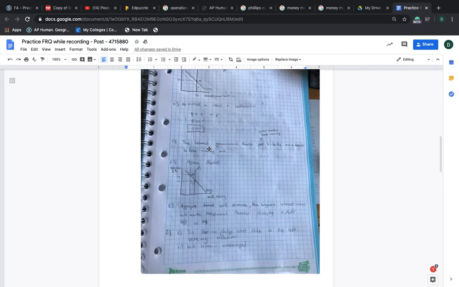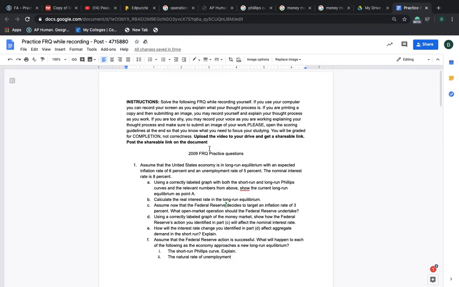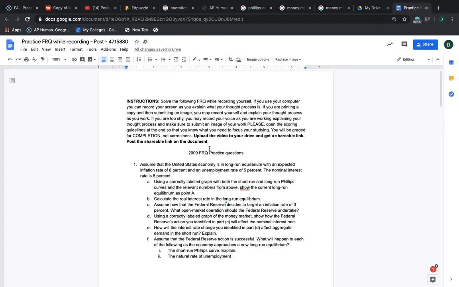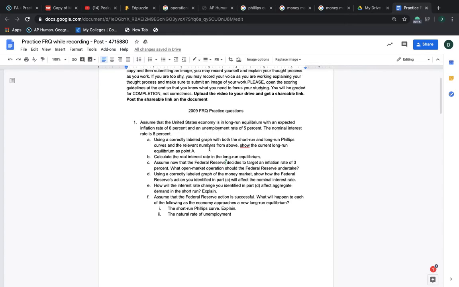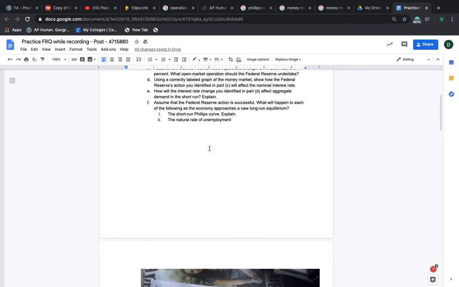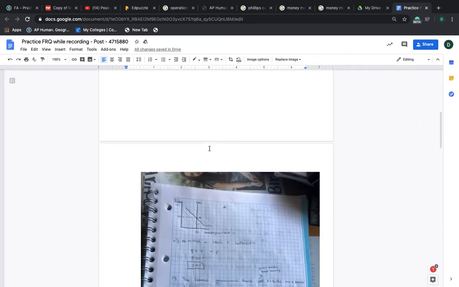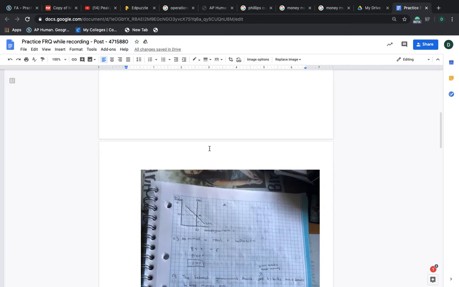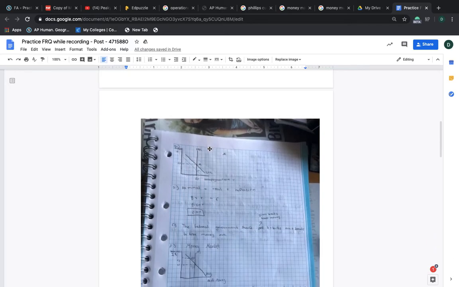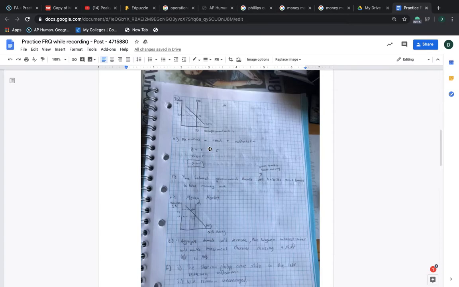And then the C. Assume now that the Federal Reserve decides to target an inflation rate of 3%. So this is going to be taking money out of the economy, and it says the Federal Reserve, not government, should sell T-bills and bonds and take money out.